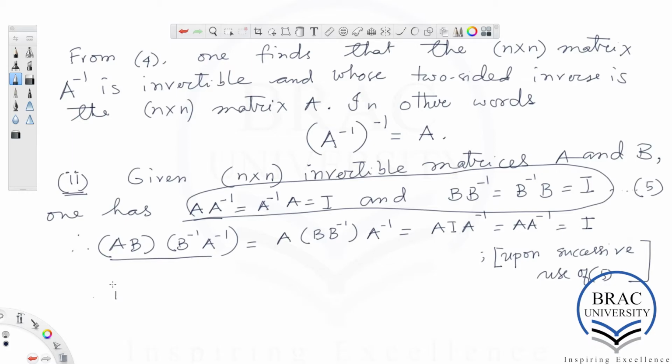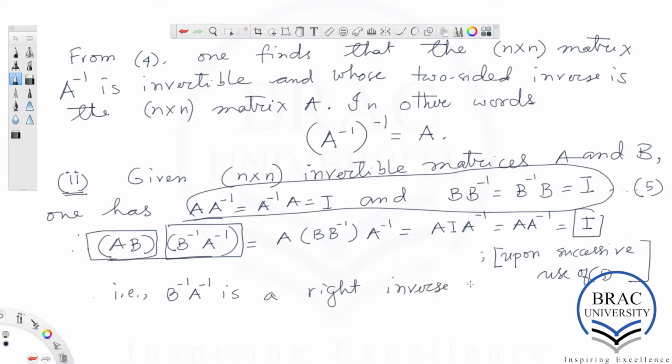This means that since we have gotten AB times B inverse A inverse to be equal to I, we conclude that B inverse times A inverse is a right inverse of the matrix AB.